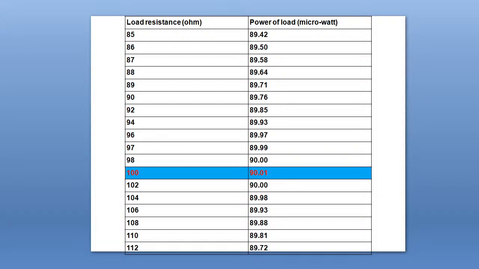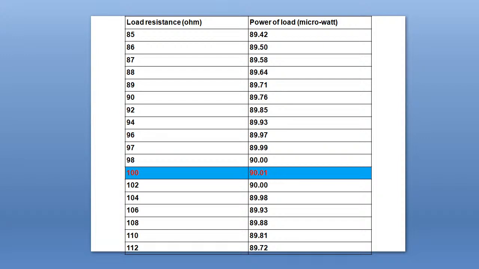Everyone, first choose a proper value of source resistance, maybe 110 ohms or 120 ohms or 90 ohms, whatever. After that you change the load resistance values by considering the source resistance value as the middle value. Change the load resistance on both sides of this 110 ohms or 120 ohms, and take at least 15 to 20 readings.